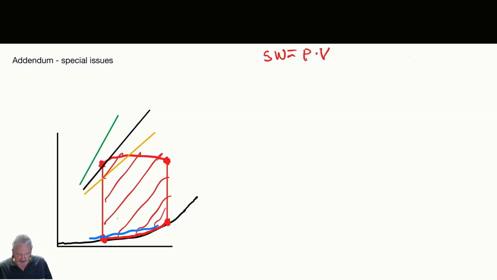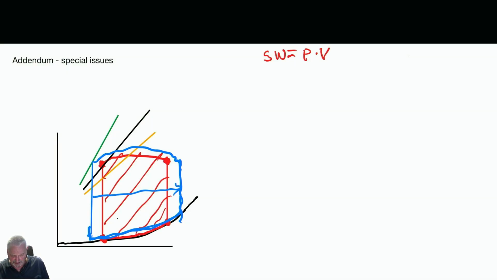One is that the loop can get wider, either because of an increase in end diastolic pressure or a decrease in end systolic pressure. And so we would have something like this blue loop here that has a wider area to it.